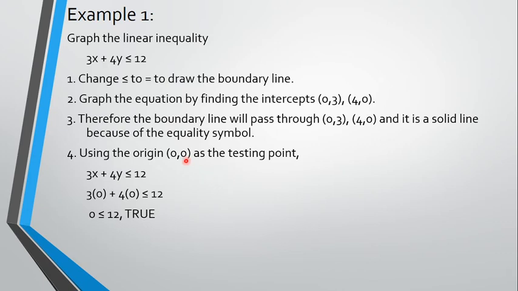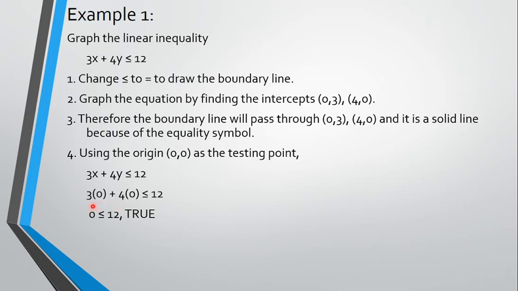So that's why we have to test that, since in a graph, class, you have there in the middle 0, 0. So our plane will pass through the part of the graph which serves as our solution set. Now to test whether it will pass through the 0, 0 point, we have to solve our linear inequality using the 0, 0.